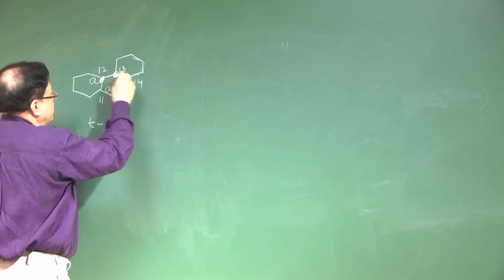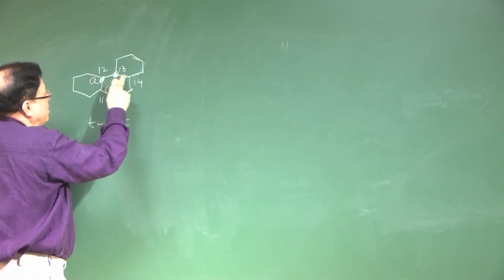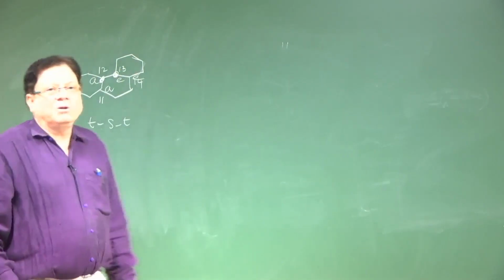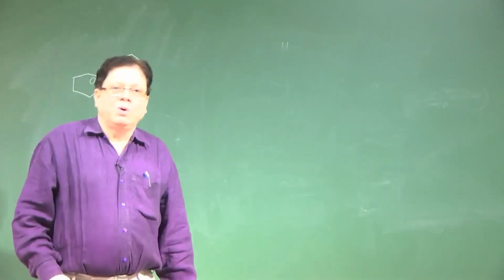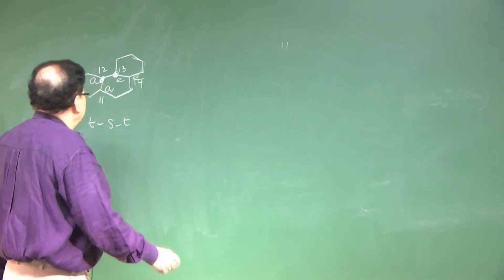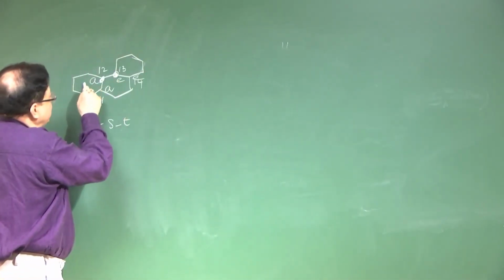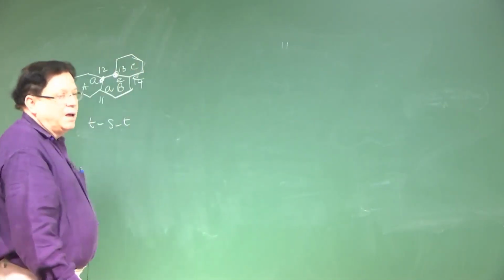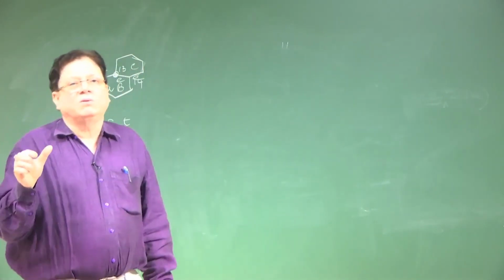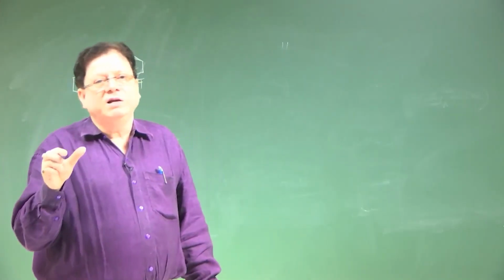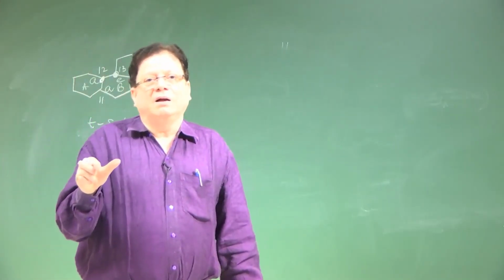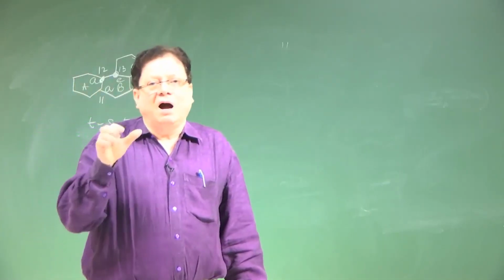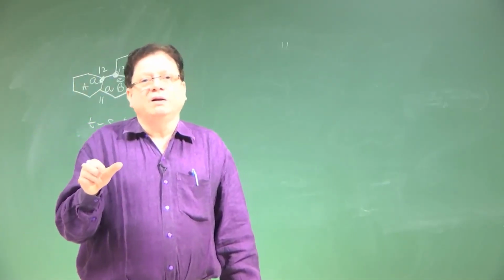So, that should be equatorial, and then the hydrogen, in order to make it a trans ring junction, should be equatorial. Okay. Now, that puts us into a problem. What is the problem? The problem is not between this A and B ring. The problem is basically how to draw the B and C ring with the hydrogens in the diequatorial form, because we know that for a trans ring junction, the hydrogens at the ring junction should be diaxial.